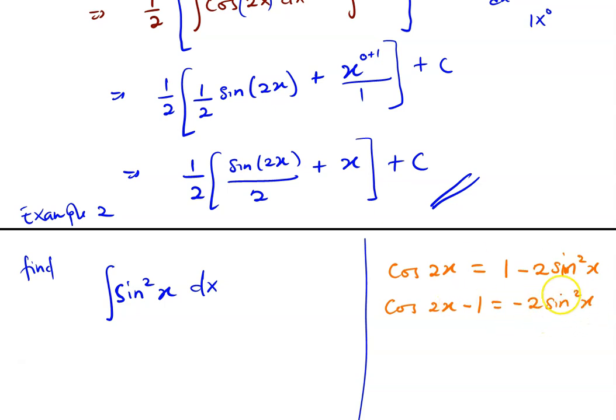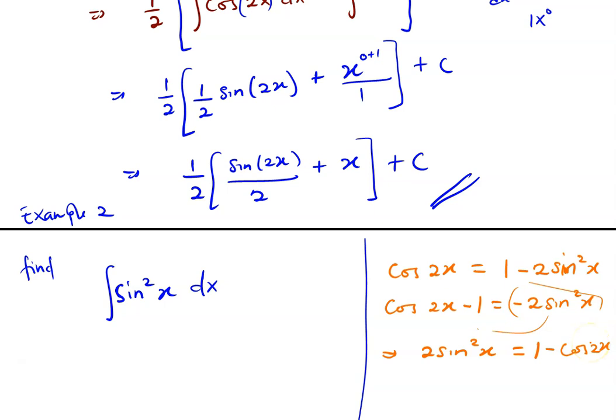Let me make the sine squared positive. So I'm going to send all the sine to this side of the equation and all the cosine to the other side. So what do I get? I'm going to get 2 sine squared x equal to what? The 1 is going there, so 1 will be positive, minus cos 2x.